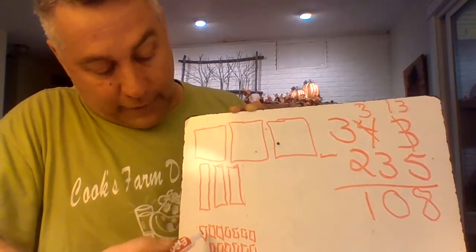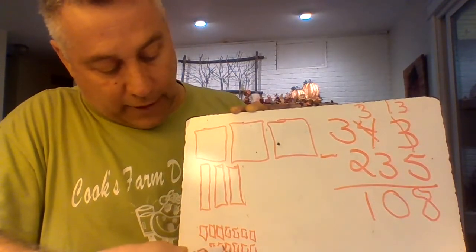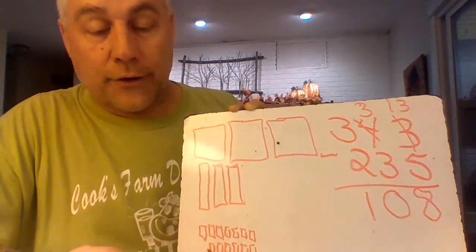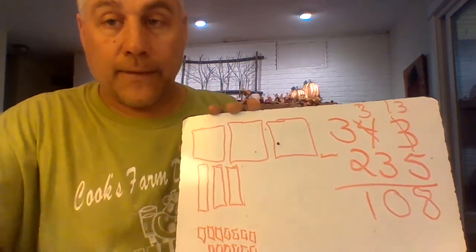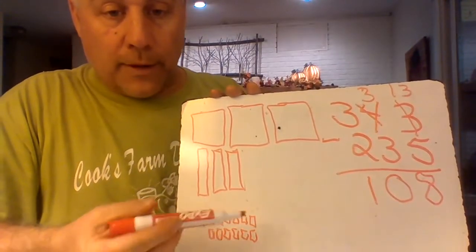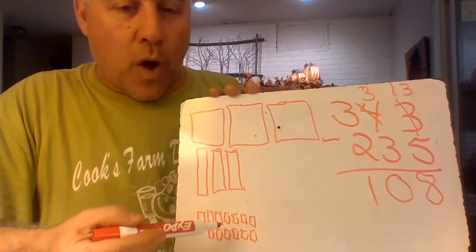So now I have 1, 2, 3, 4, 5, 6, 7, 8, 9, 10, 11, 12, 13. Just like over here. That's where that 13 came from. Okay? Because I was able to take those from the tens place and just turn them into ones.